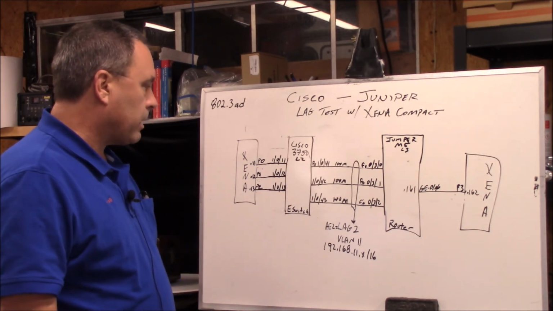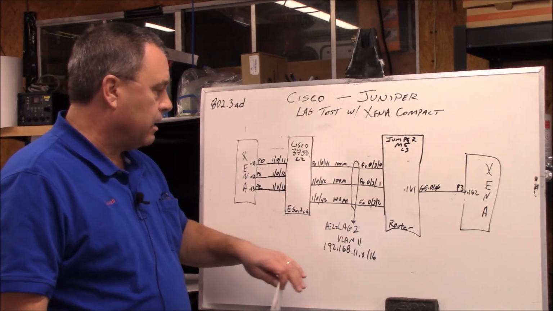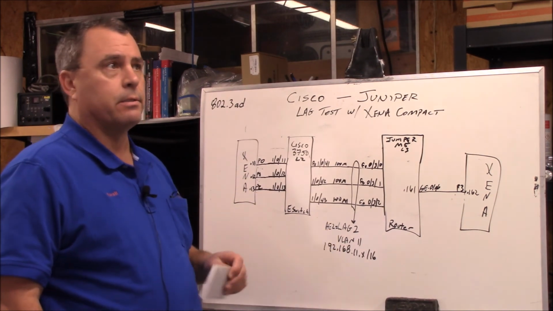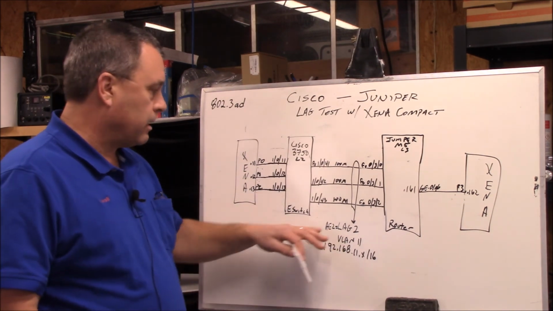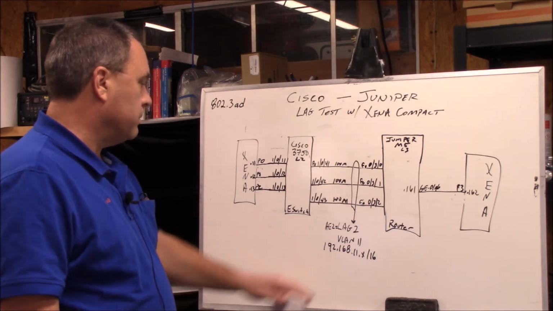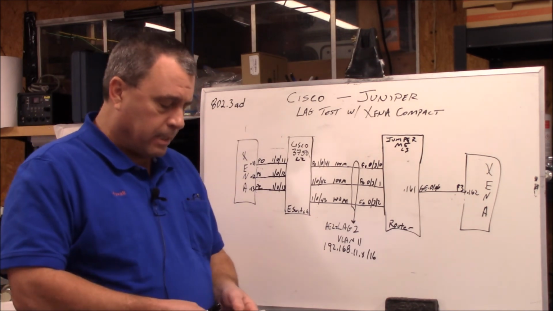And yeah, so then it's going to be on LAG 2, VLAN 11. And on the Juniper it's called AE2, which is aggregated Ethernet, I think. And then here's the network it's in. So that's a quick look at the test bed.